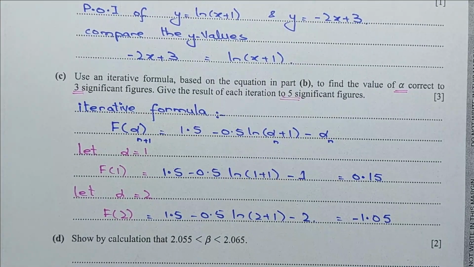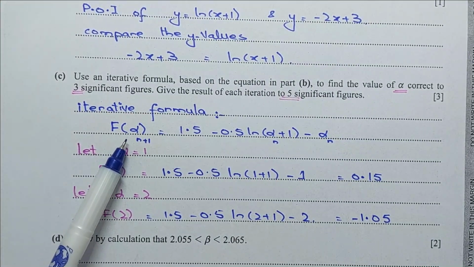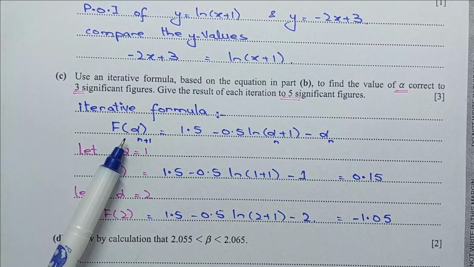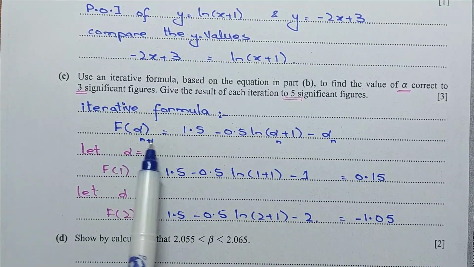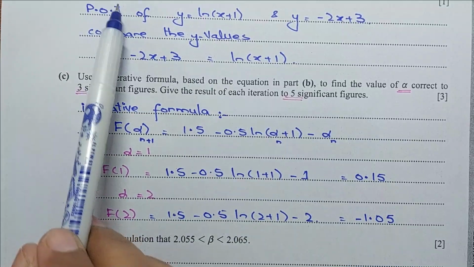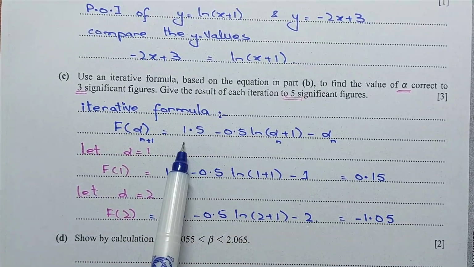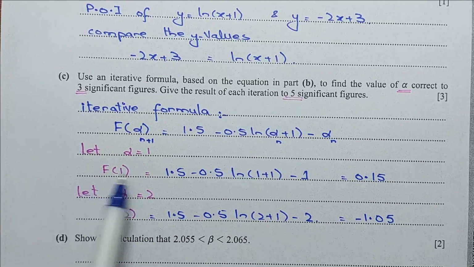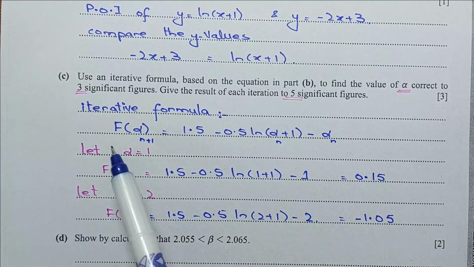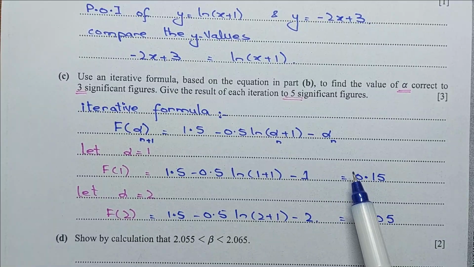All right, so this formula we have to use to find the sign change for the initial guess, right? So we have to shift everything to the left side and name it as a function of some x or some alpha, and check whether the sign change occurs between the two values. So this formula is used for the sign change for the initial guess.